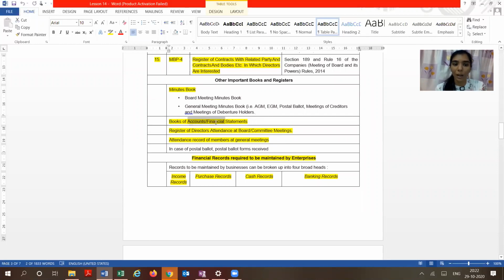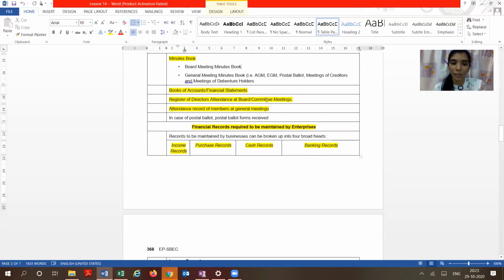Then there are books of accounts. These contain all the financial statements and financial transactions of the company. Whoever attends the meetings, their attendance is maintained in the register of directors' attendance at board or committee meetings. For the general meetings, the attendance is recorded in an attendance record of members at general meetings. So these were the documents, books and registers to be maintained by a company.